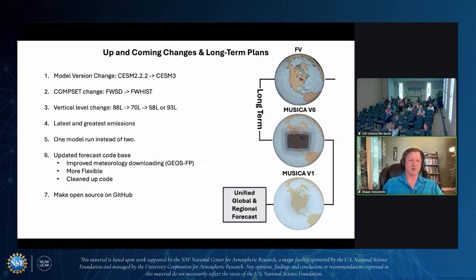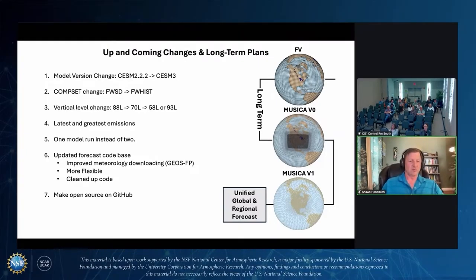There will be a vertical level change that comes with that, and we'll get the latest and greatest emissions. We'll probably trim that to one model run instead of two parallel runs to make way for a MUSICA run. So we'll have a 1 degree finite volume run, and then eventually a MUSICA run as well.